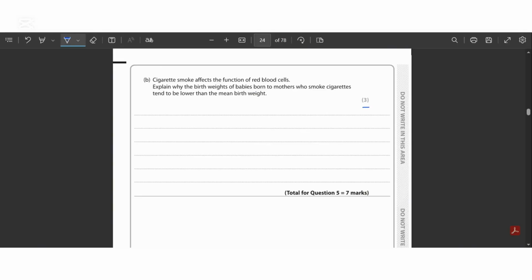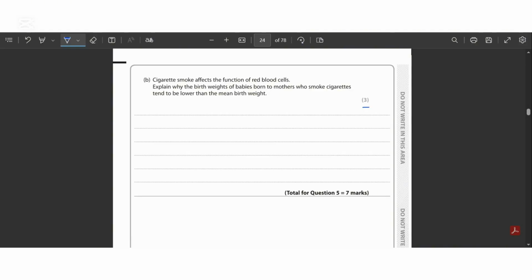Since less aerobic respiration is taking place because of reduced presence of oxygen, less energy is released in the baby, which is in the fetus, which means that there is less growth. All right. Since all the cellular reactions are not taking place as normal.